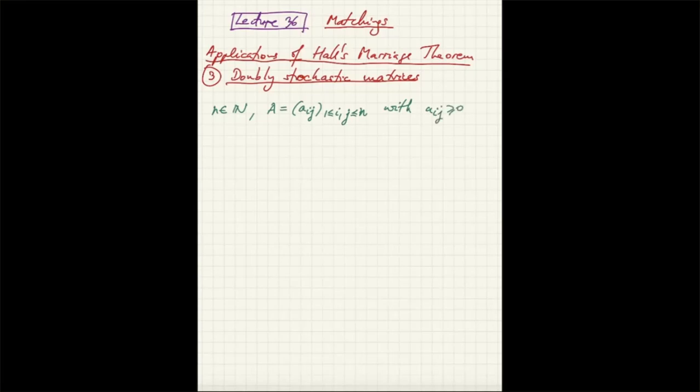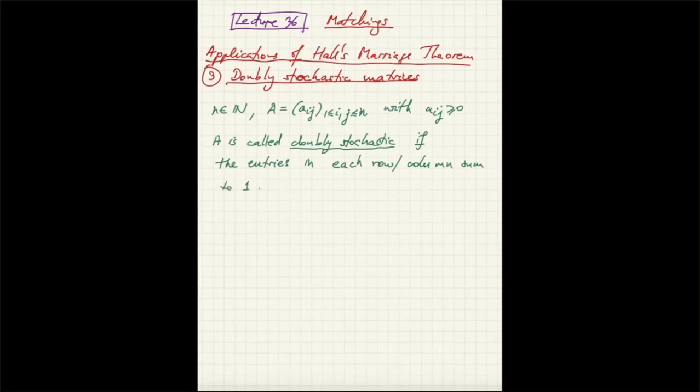Then the matrix A is called doubly stochastic if the sum of each row and the sum of each column is 1. So if the entries in each row, each column, sum to 1.